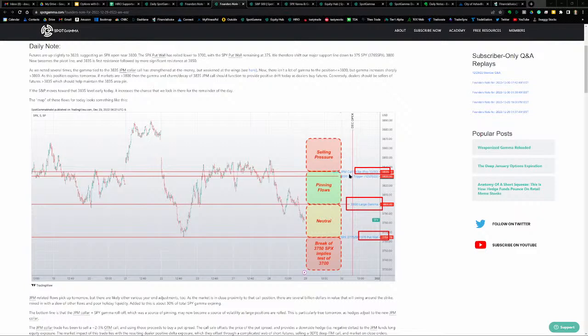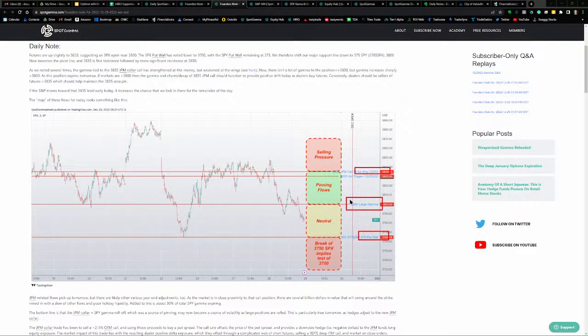So the point here is showing above, well, let's start with below. So starting below at the 3,800 level up to 38.5, they're calling for pinning flows. That means with price SPX above that level, they're looking for price to pin around the 38.35 level.